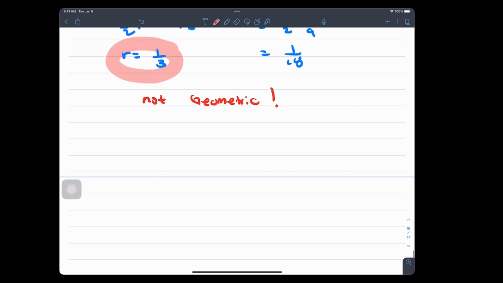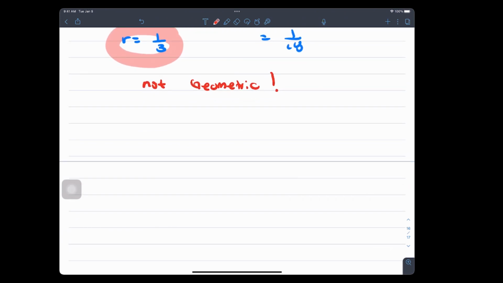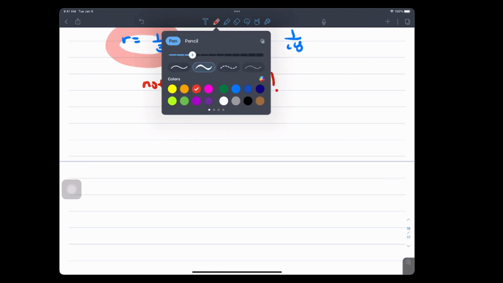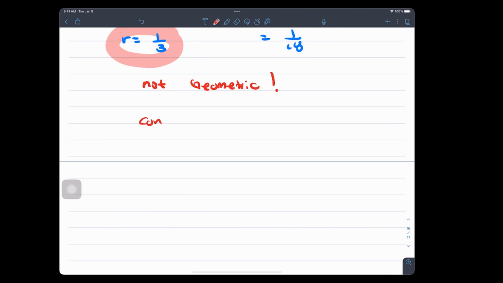So since this is not geometric, you're going to have to do the following. We're going to have to consider the sequence of partial sums.